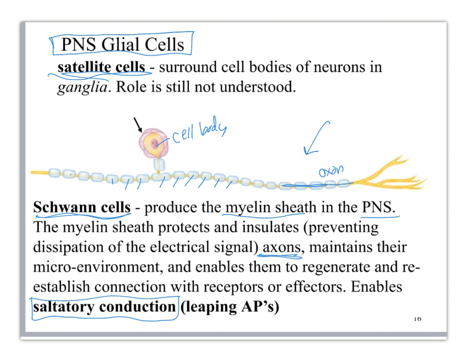Now, if this right here was the cell body of the neuron, I've got another cell type. I have these cells. These cells wrap around the cell body, and they are called the satellite cells. Their role, their job is not well understood, but the latest stuff that I've read this last year seems to be similar in function to astrocytes, okay?